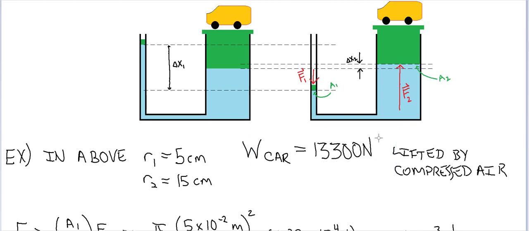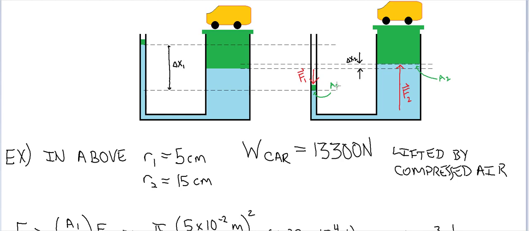And we're going to just use compressed air to push down on the left piston. So notice that the left piston drops by some height, delta x1, and the right piston is raised by some height, delta x2.